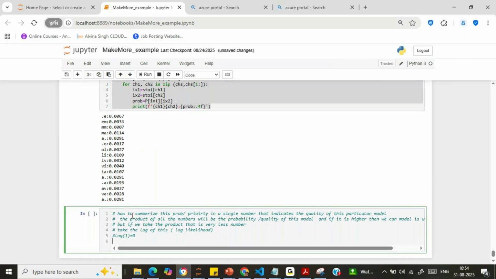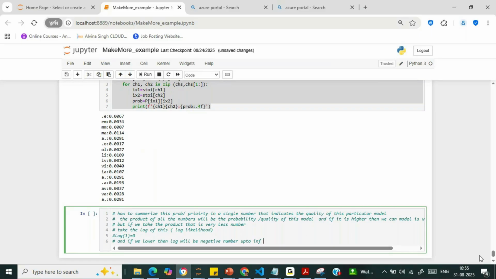Okay, and if we go lower, then the log will be a negative number, negative number up to infinity.